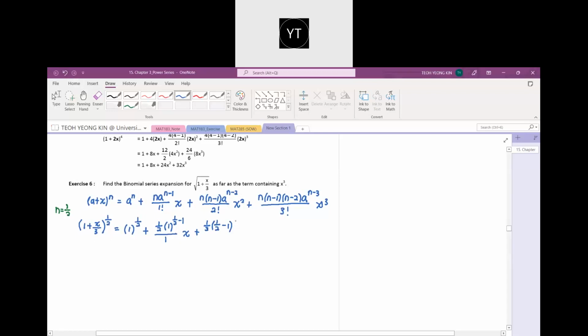Before that, a is 1. n minus 2 means 1 over 2 minus 2, over 2 factorial, which is 2, and then we have x squared.